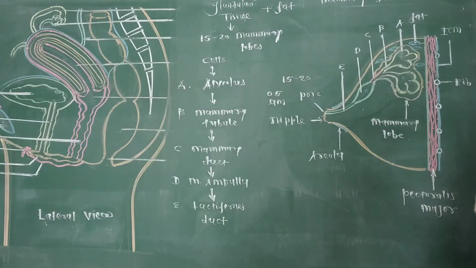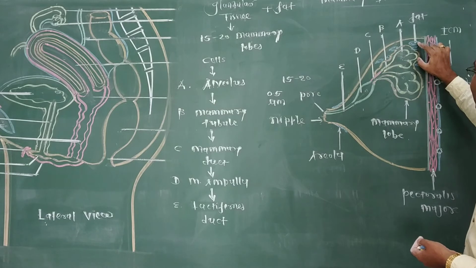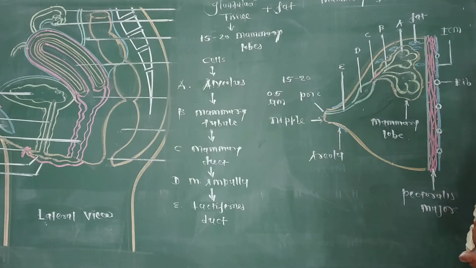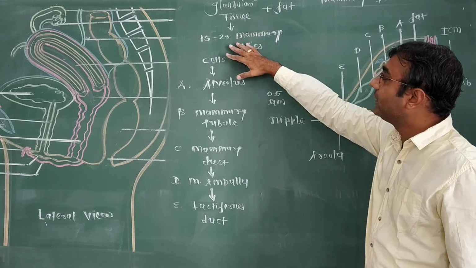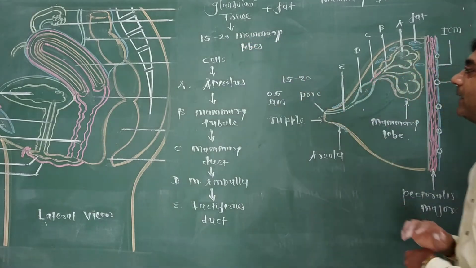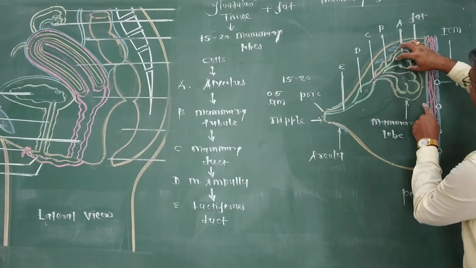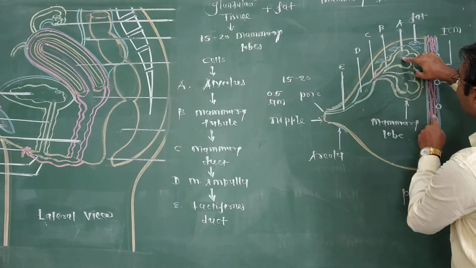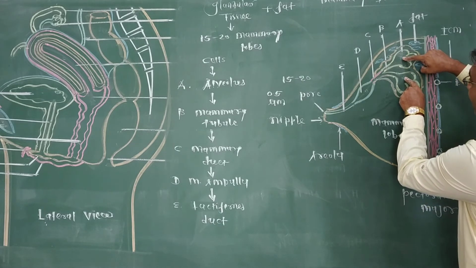Each mammary gland is made up of glandular tissue and a variable amount of fat. Glandular tissue is divided into 15 to 20 mammary lobes. This is one mammary lobe. Each lobe is made up of clusters of cells, the alveoli. This is the lumen of the alveoli.